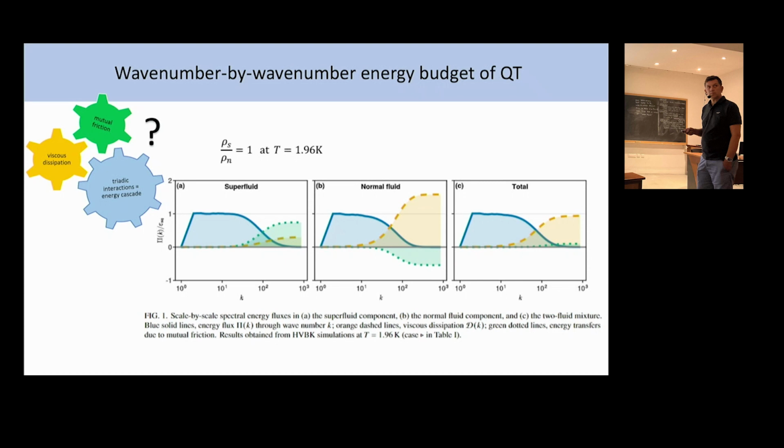And of course, this mechanism is not possible at all scales. And eventually, at very small scales, you have an unlocking of the two fluids and some dissipation by mutual friction. So the first message is that mutual friction is responsible for the transfer of energy between the two components, such that the two fluids get locked in the cascade range.